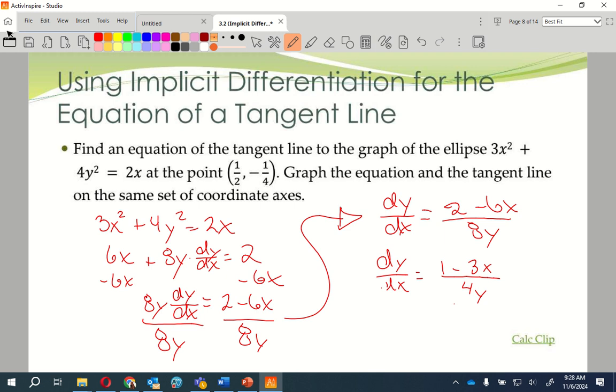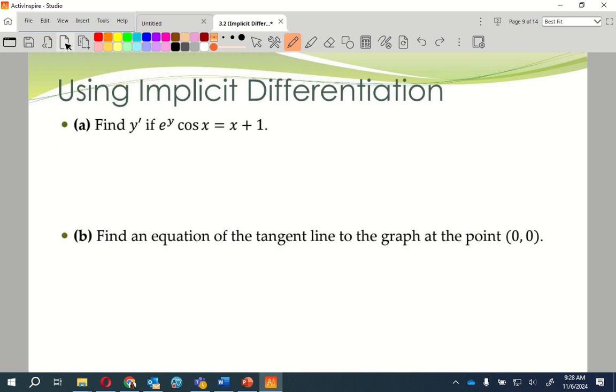But there's more now. What's it say now? Find the tangent line. So I am going to find the tangent line at (1/2, -1/4). Do I have more room here?